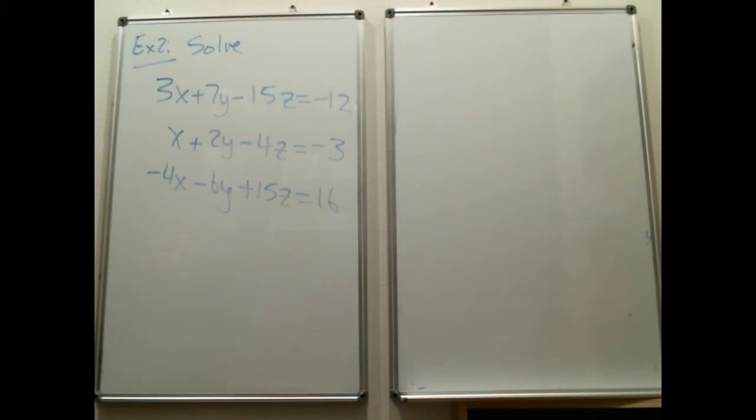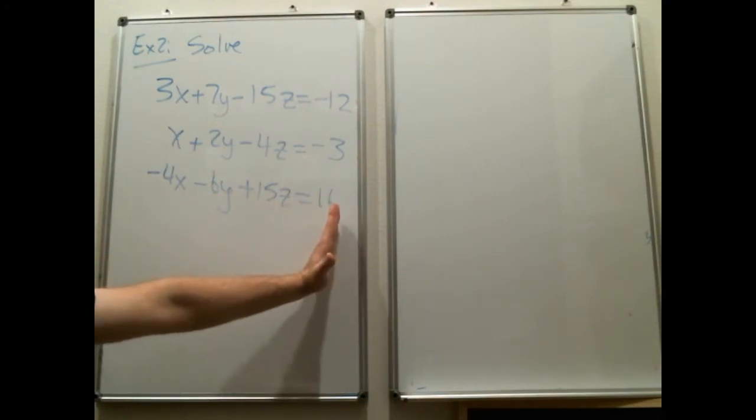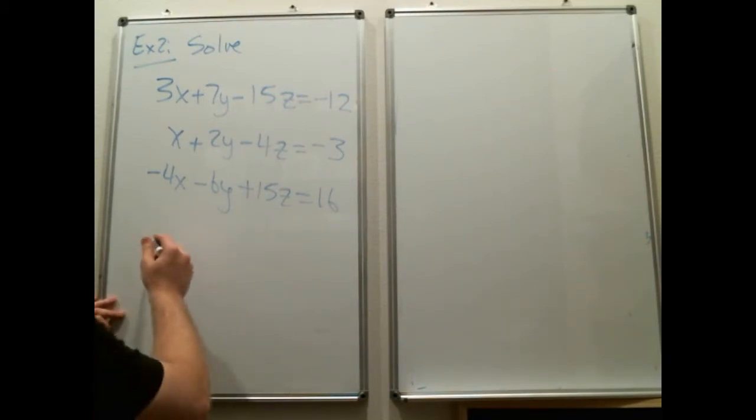All right, we have our system of linear equations here, and the first step is to write this in matrix form. We want to make sure that all of our x's are lined up, all of our y's, all of our z's, and our answers are all by themselves also. So they are, and we move on to writing this in matrix form.